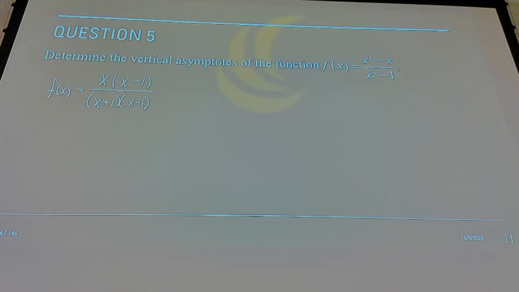Is there a common factor? Would that be a true statement? We touched on this.